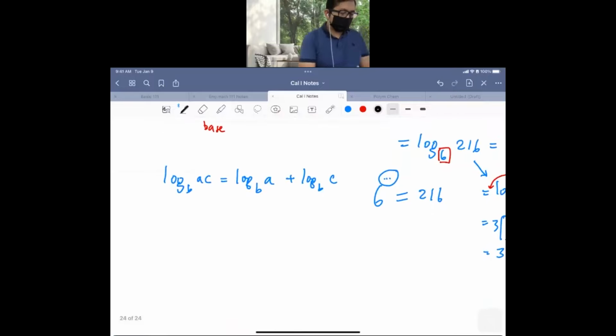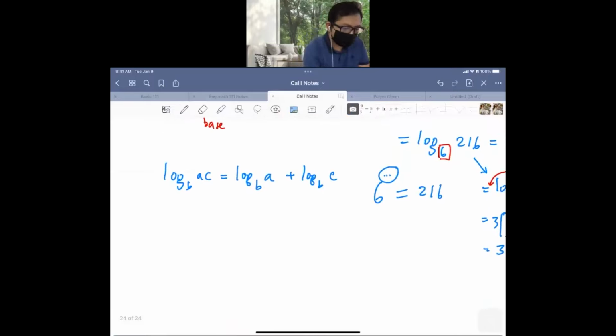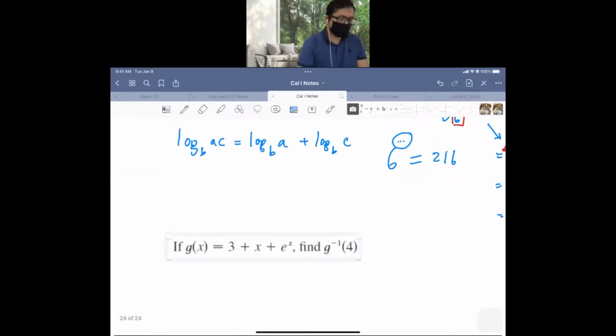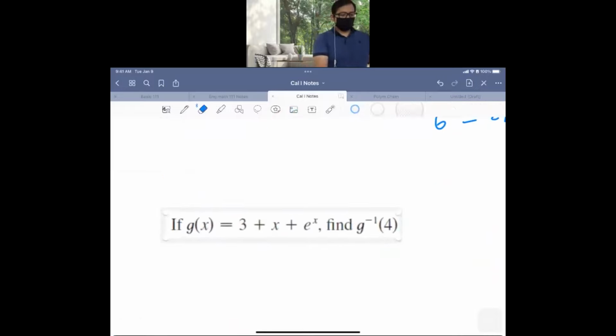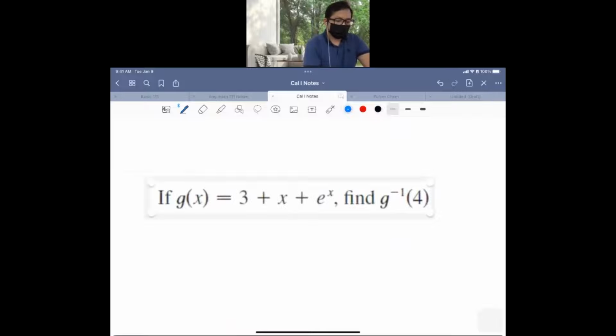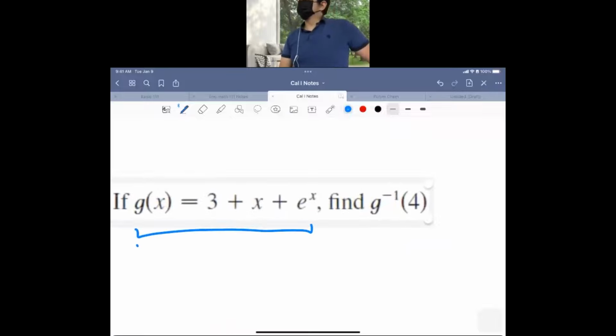Okay, and another thing is, I think we can start with this. Now to solve this, first you need to imagine you are given the functions. This is your function g, but your goal is to find the g inverse of 4.